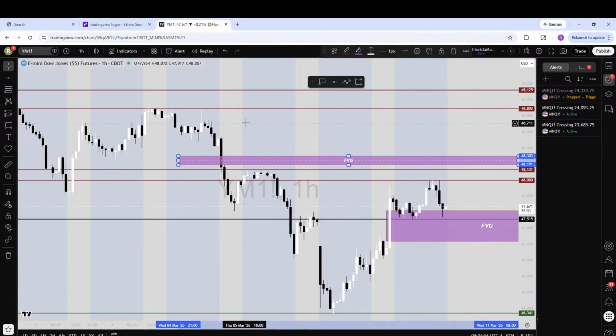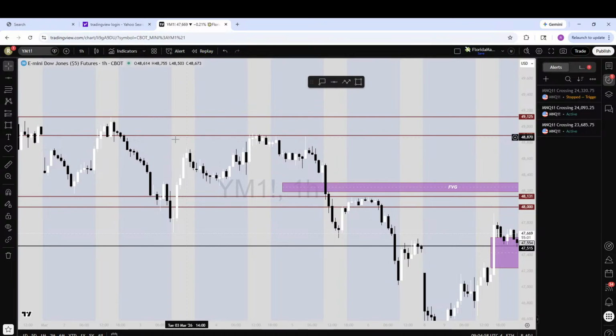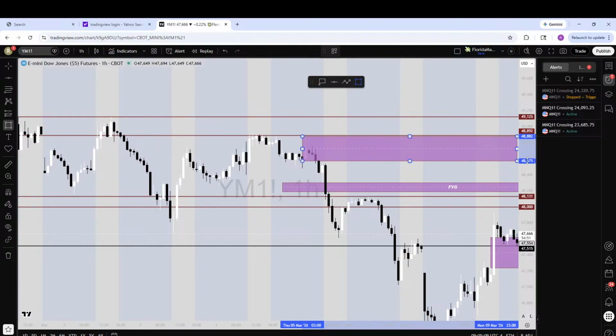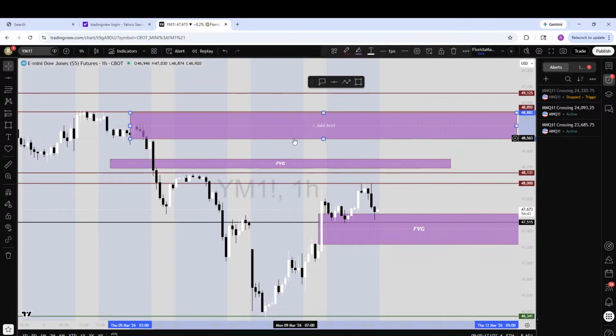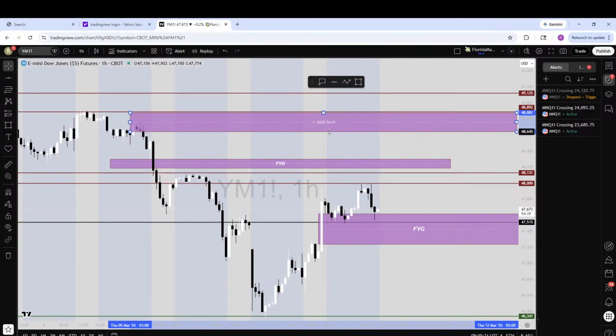Okay, that's a gap. Up here we are looking for supply zone. This is an area of supply right here. I'm going to make that red.